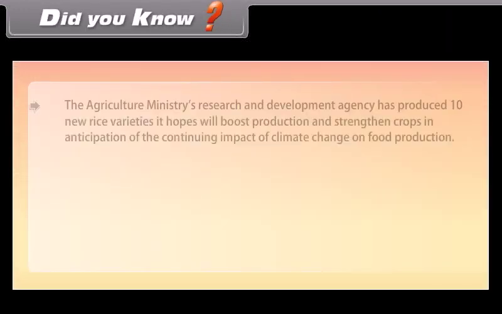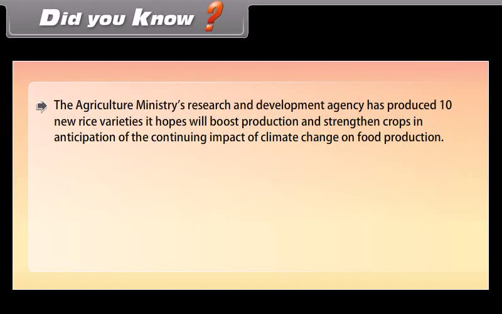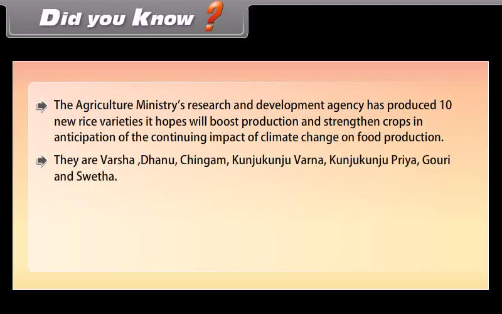Did you know the Agriculture Ministry's Research and Development Agency has produced 10 new rice varieties? It hopes it will boost production and strengthen crops in anticipation of the continuing impact of climate change on food production. They include Varsha, Dhanu, Chingam, Kunju Kunju Varna, Kunju Kunju Priya, Gauri and Swetha.